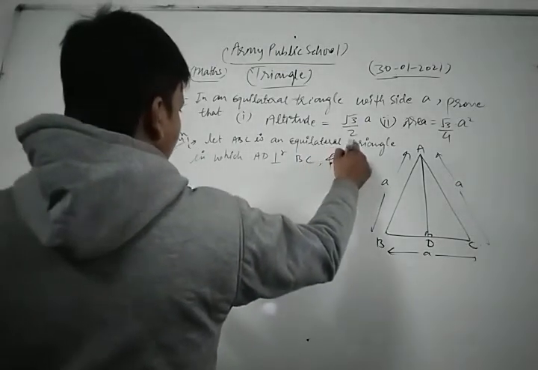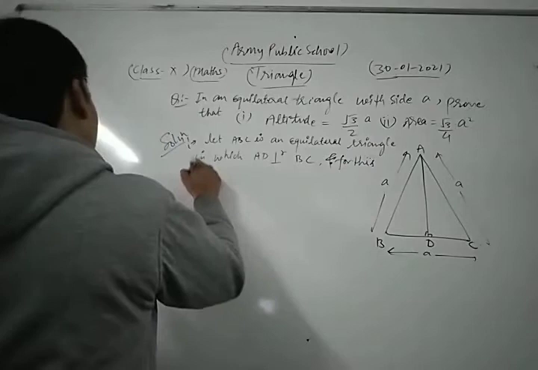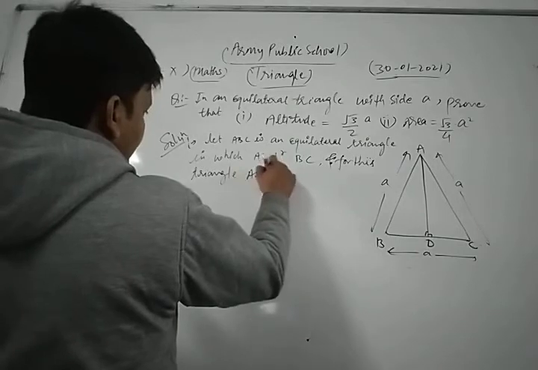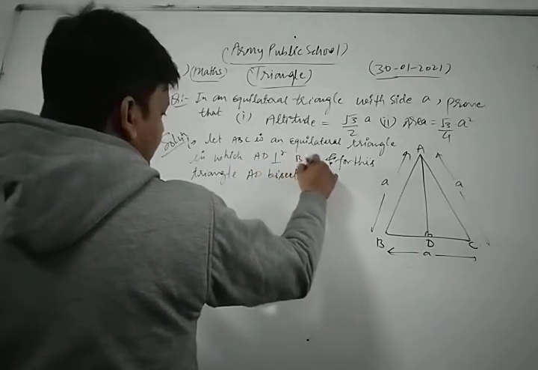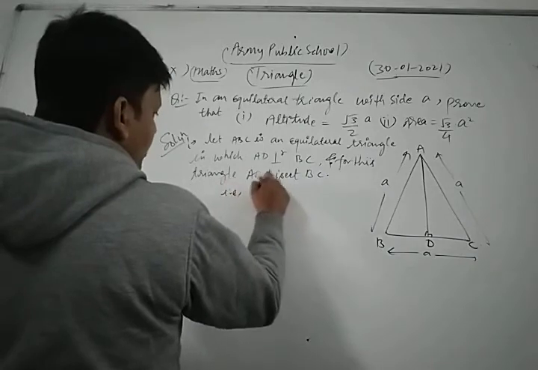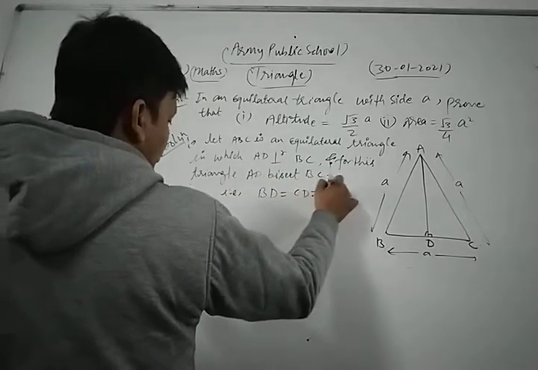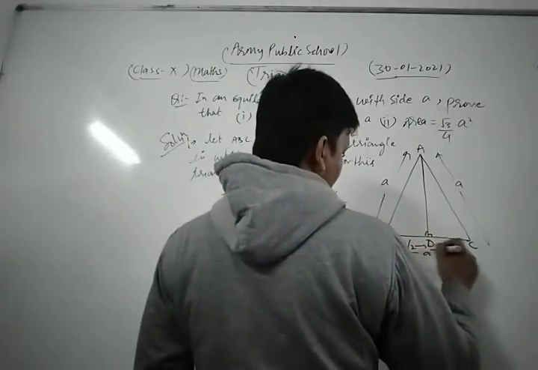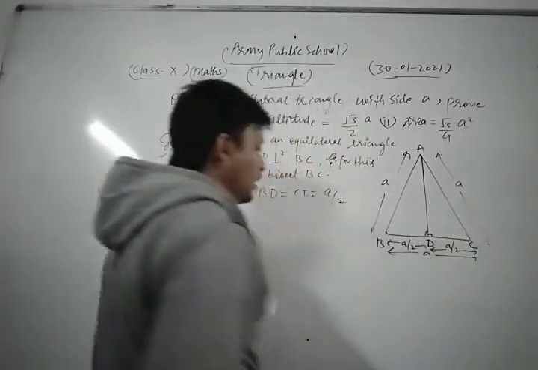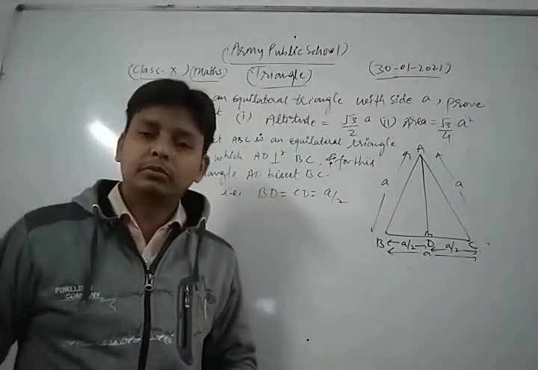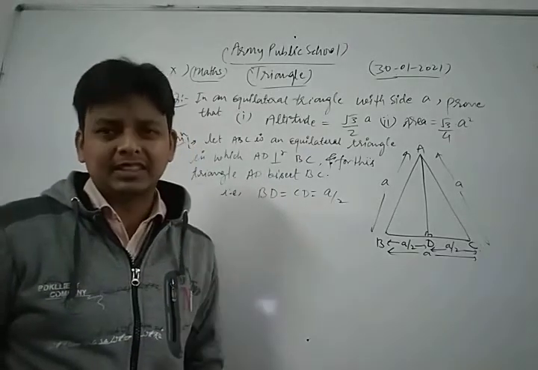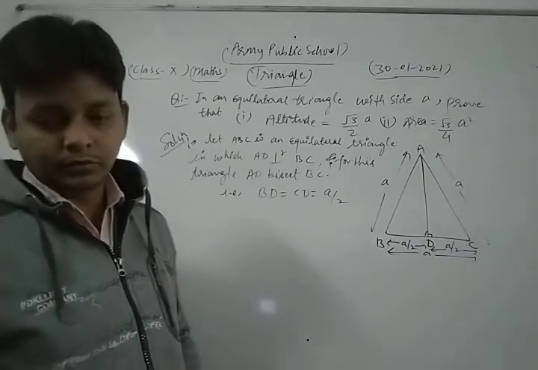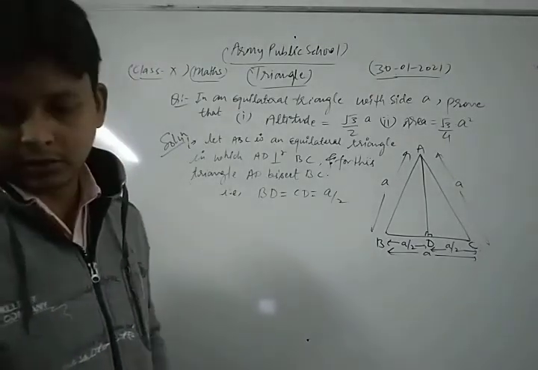And for this triangle, AD bisects BC. That is, BD is equal to CD is equal to a by 2. So this is a by 2 and this is also a by 2, because the altitude drawn from a vertex of an equilateral triangle to its opposite side bisects the opposite side.